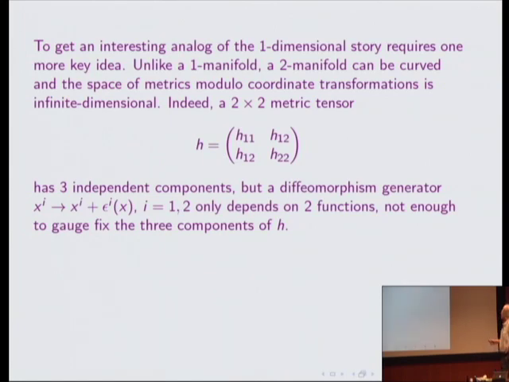It's symmetric, but it still has three independent components, h11, h22, and h12. But a diffeomorphism generator locally, infinitesimally, means that you shift the coordinates by two functions of the coordinates. So a diffeomorphism generator depends on two functions, which is not enough to gauge fix the three components of the metric. One field is left over.